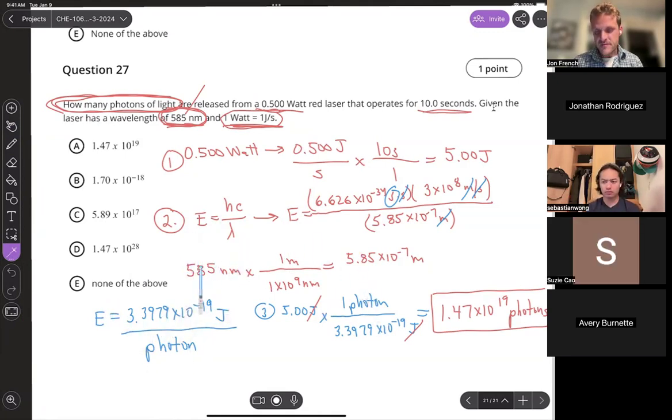If the wavelength changed, the energy of that light would change. This energy is for this specific wavelength of light. If this was 600 nanometers or 400 nanometers, that energy would change. We found that energy from our wavelength. It's not a constant.